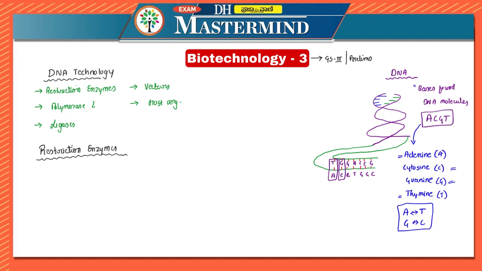This is the basics for us to understand. This is ACGT, the acronym for the four types of bases found in a DNA molecule. I hope this part is very clear.